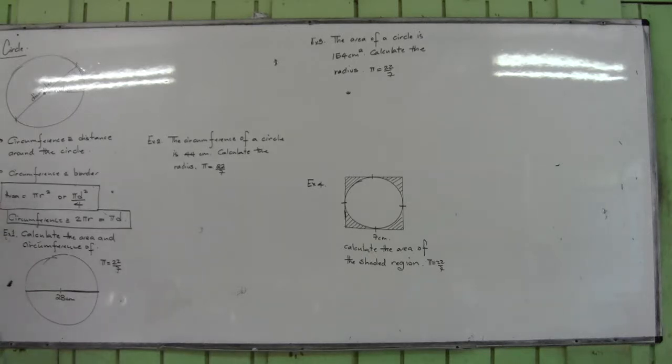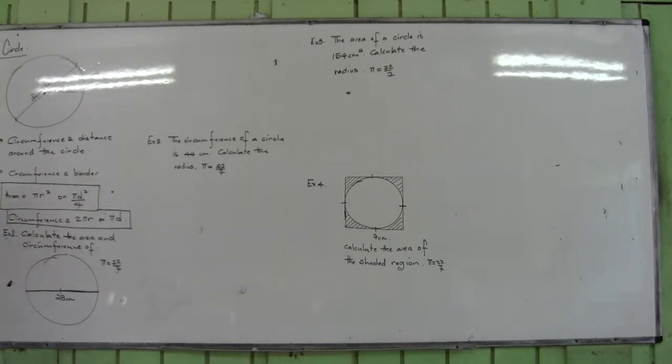Now, the area of a circle, remember area measures the amount of surface within the border. The area of a circle is given by the formula: area is equal to pi r squared, or pi times diameter squared divided by 4.